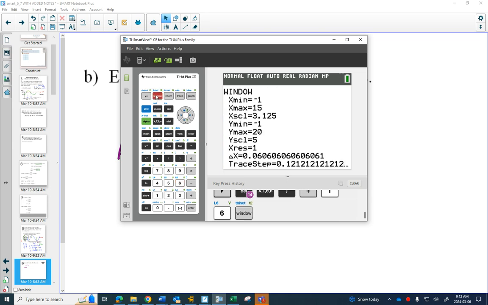And again, I'm going to go to my window here, and now I want to see what I graphed. I already know that the period was 20, so I'm going to go up to 25 to see a little bit more. My scale, I'm going to go by 5s. The maximum height we hit was 30, 31, so let's go up to 35.